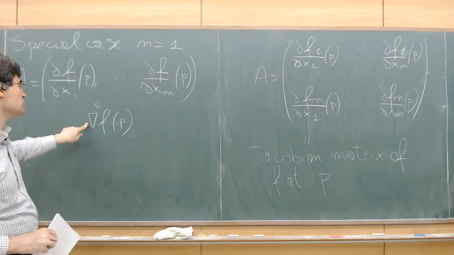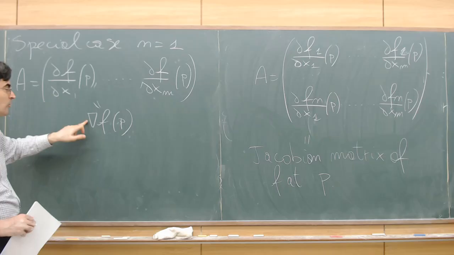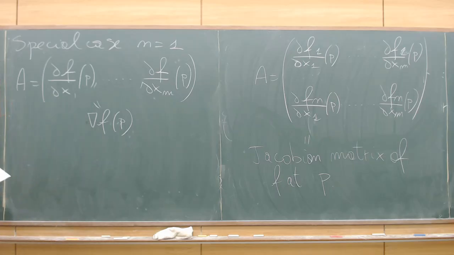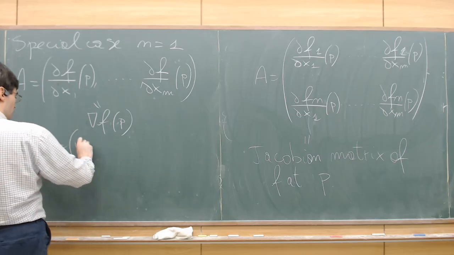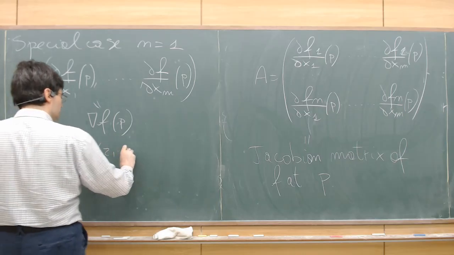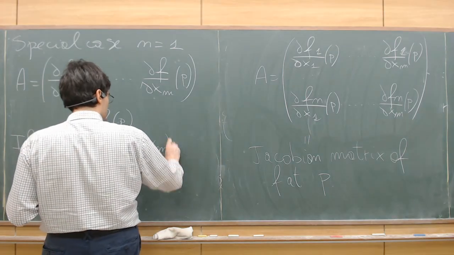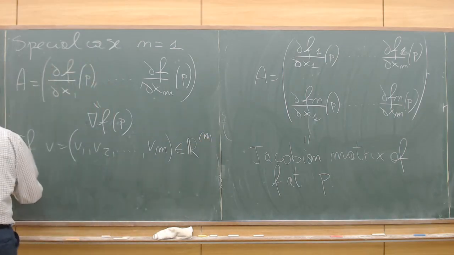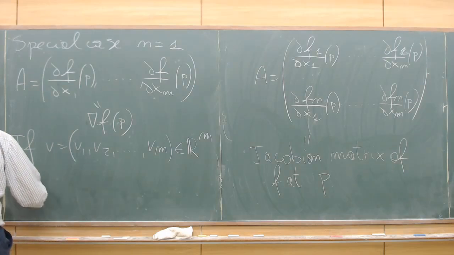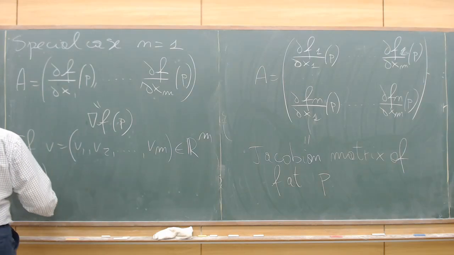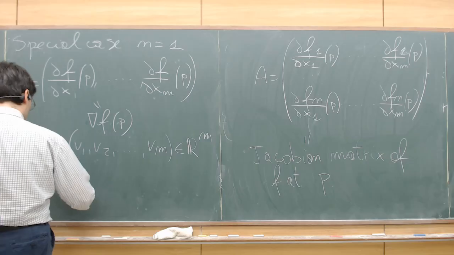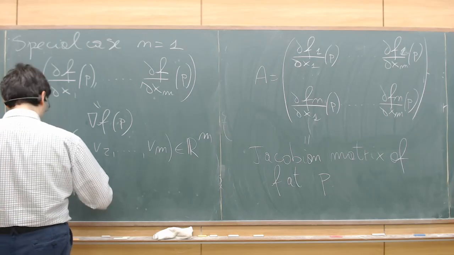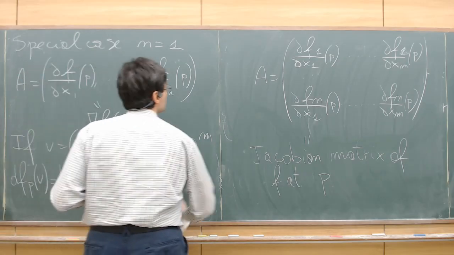Instead, you are used to see the gradient as a vector. So if v is, for example, v1, v2, ..., vm, then dF_P(v) is given by L_A(v).